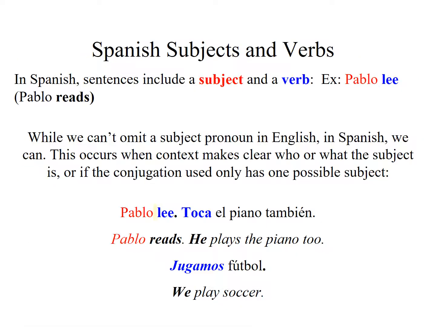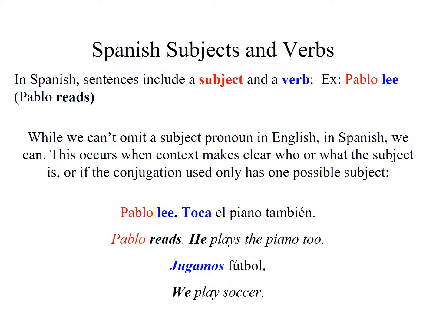In Spanish, sentences include a subject and a verb. For example, Pablo lee. Pablo reads. While we can't omit a subject pronoun in English, in Spanish, we can. This occurs when context makes clear who or what the subject is, or if the conjugation used only has one possible subject.